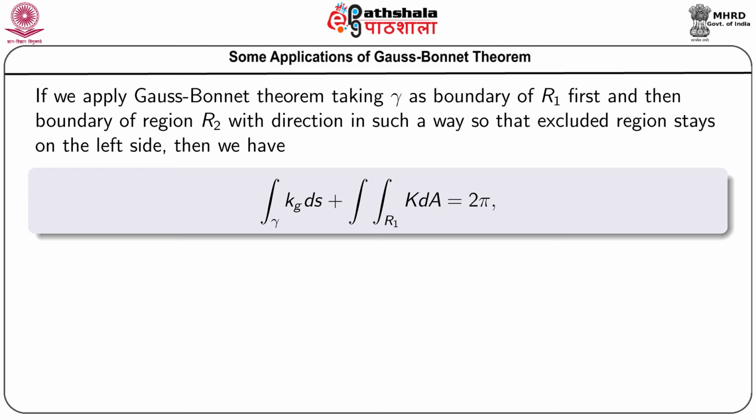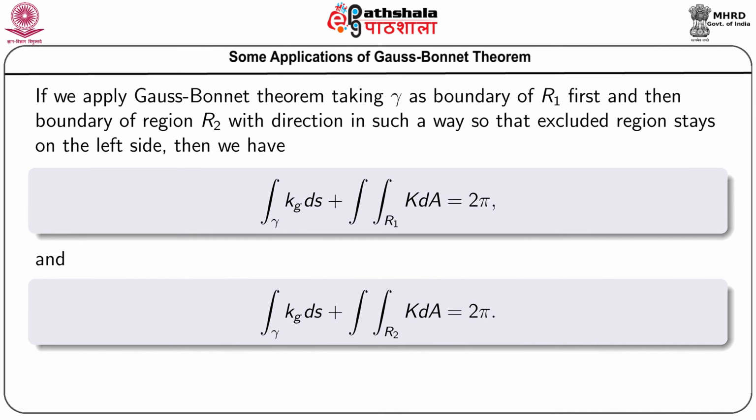So, this is the expression obtained from Gauss-Bonnet theorem, where kappa g ds is integrated along the curve gamma in one direction for the region R 1, and the same kappa g ds along gamma in the opposite direction, and the double integration over R 2 of k dA is also giving 2 pi.